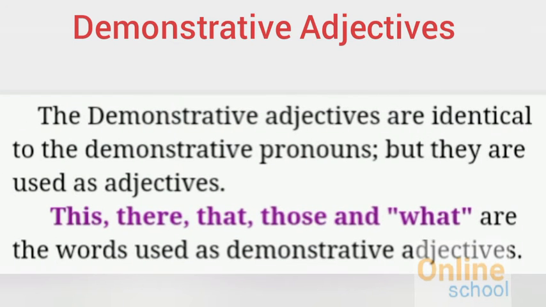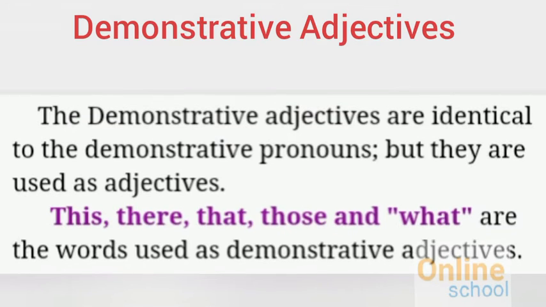Let us discuss about demonstrative adjectives. Like the article, the demonstrative adjectives are used to indicate or demonstrate specific people, animals, or things. The demonstrative adjectives are identical to the demonstrative pronouns, but they are used as adjectives.